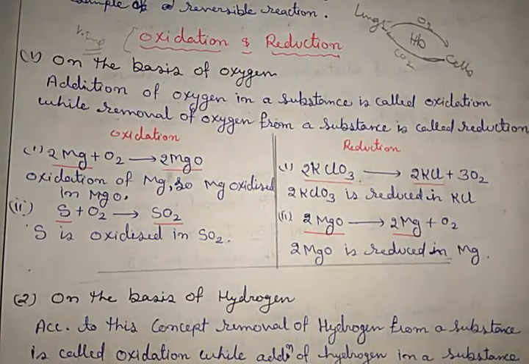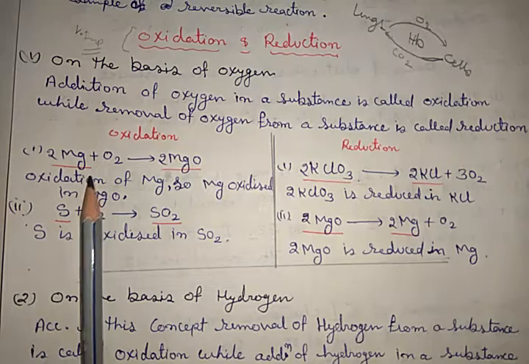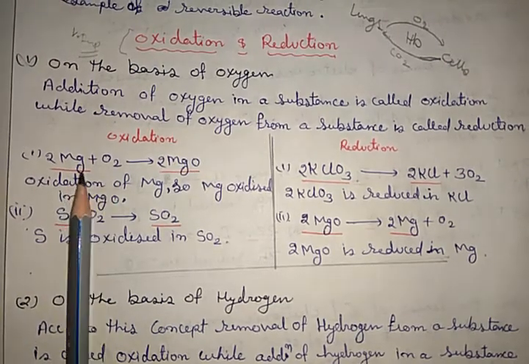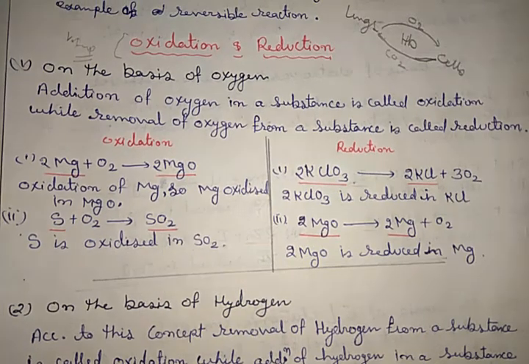Now, firstly, on the basis of oxygen, the addition of oxygen to any substance is known as oxidation, while the removal of oxygen from a substance is known as reduction. Addition of oxygen is oxidation; removal of oxygen is reduction. If we consider an example, magnesium combines with oxygen and makes magnesium oxide, MgO.